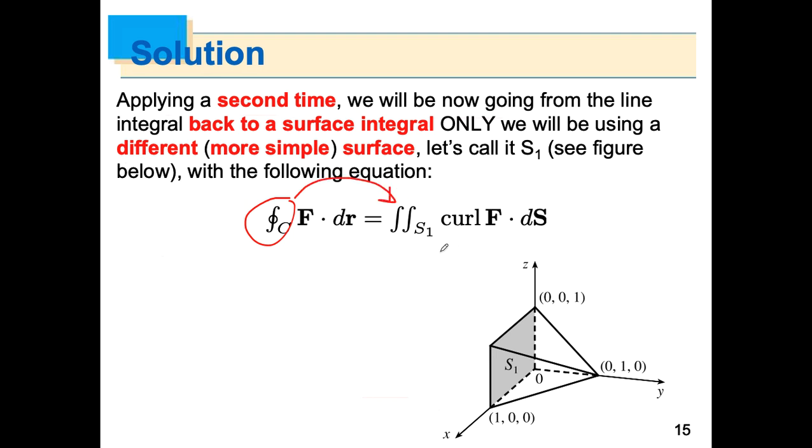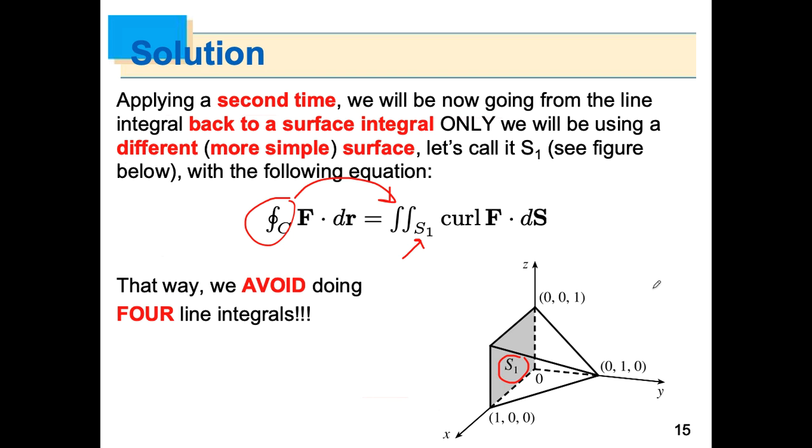But you'll notice this time that my surface now is not just S. My surface is S1. And we're going to go ahead and call the base of this pyramid S1, the gray shaded region. And by doing this, we will be avoiding doing 4 line integrals. And instead of doing 4 line integrals, we're just going to do 1 surface integral using the surface S1.